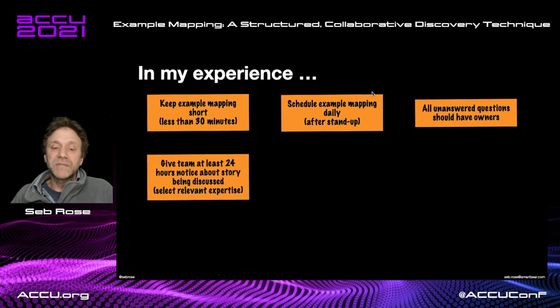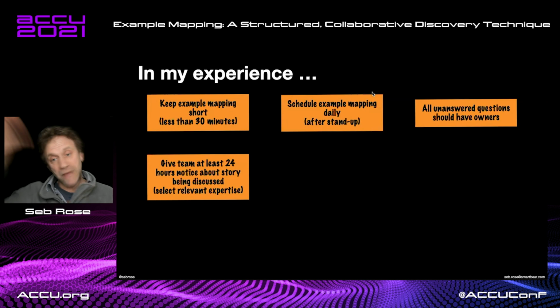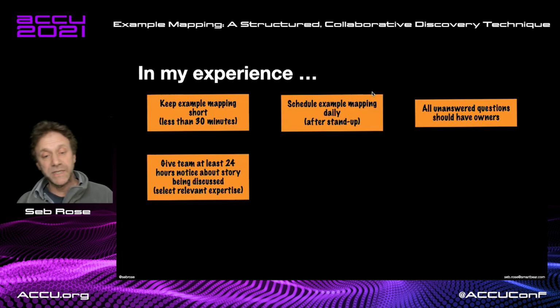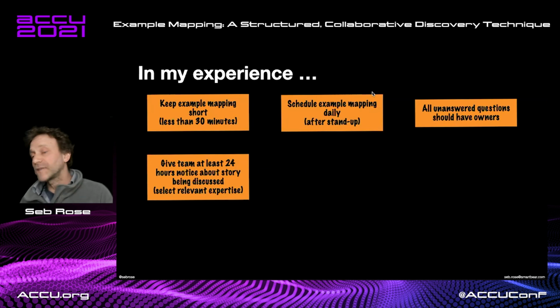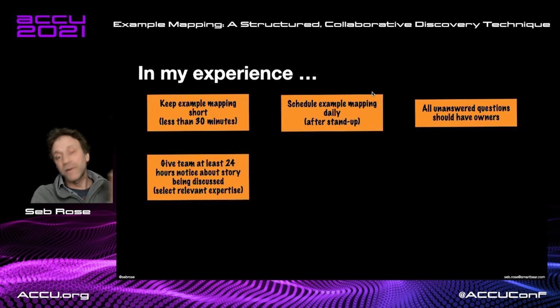Give the team some time before the example mapping session to think about what's going to be discussed. So in general, what I look for is my product owners to follow the priority of the stories in their product backlog, but at least notify the team the day before that at tomorrow's example mapping, we are going to be discussing this story, or we're going to be going back to the example map that we were discussing 2 days ago, but there are now some answers to some outstanding questions.